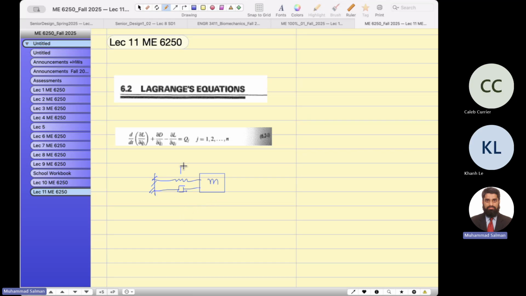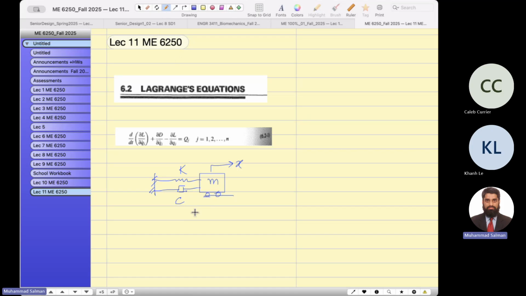Suppose this has a stiffness K and is moving with a displacement x, and c is the damping coefficient. Now I want to show you how we are going to model the equation of motion using this.